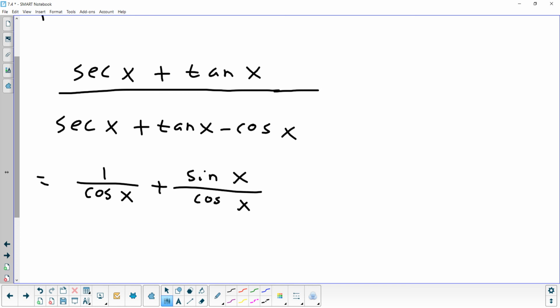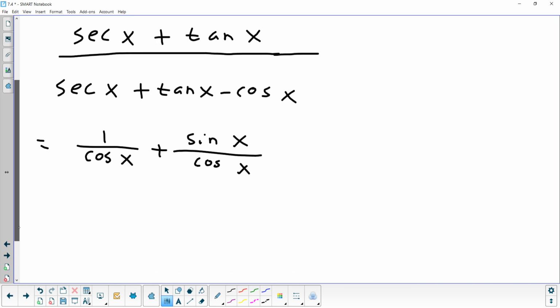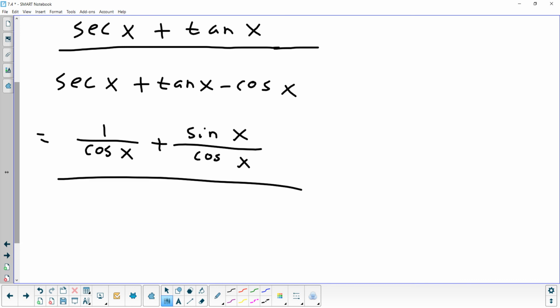Okay, I like that common denominator already. That's a good thing that didn't have to happen, but it did. So I like that. What about in the bottom? Secant is what? 1 over cosine. Plus tangent, we just did.